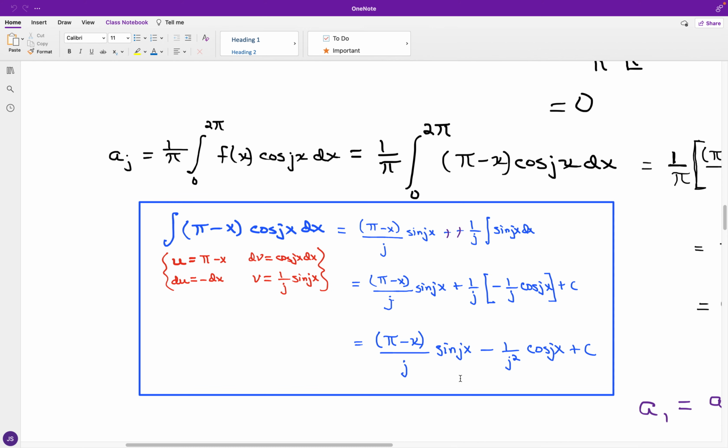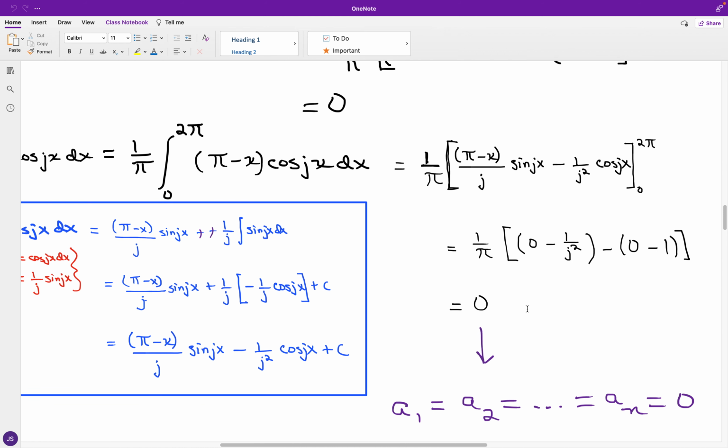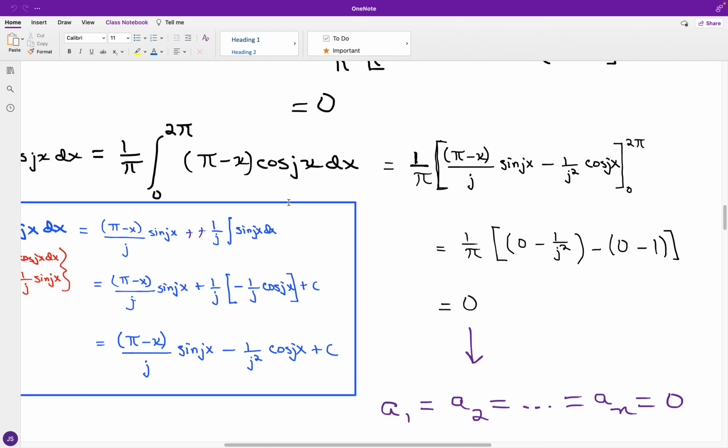And for the numerical evaluation, we again take 1 over pi times the integral as x goes from 0 to 2 pi. The sine of 2 pi is negligible, as is the sine of 0.